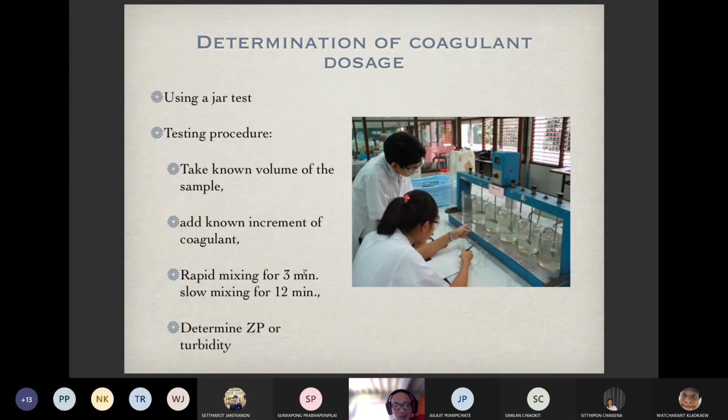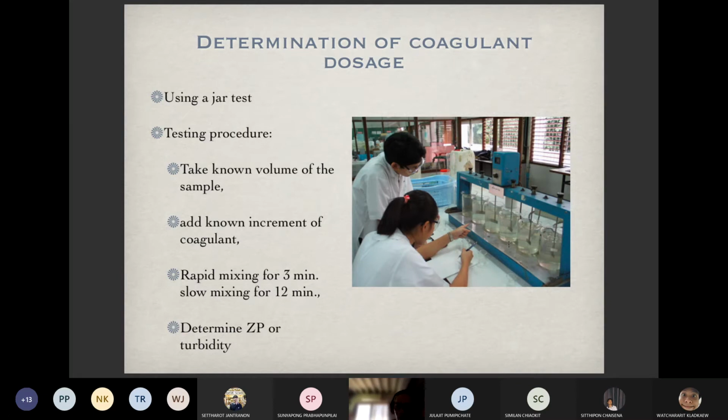Then after 3 minutes, we reduce the speed to only 30 RPM and mix at 30 RPM for 12 minutes. After that, we wait for 30 minutes, allowing the flocs to settle to the bottom.